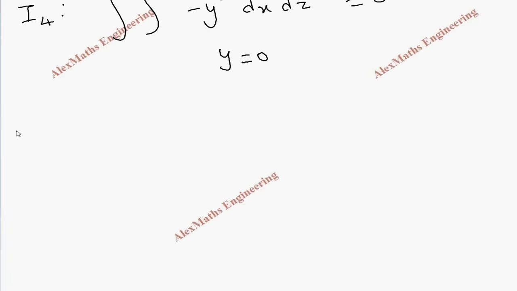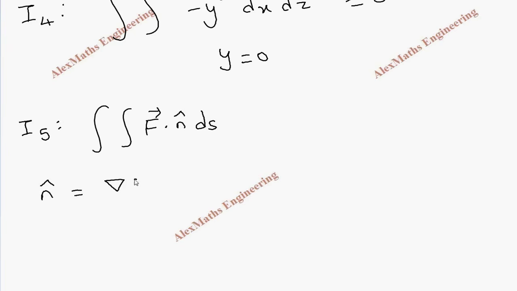So I5, we have double integral f dot n cap ds. Let's find what is n cap, which is del phi by magnitude of del phi, and phi is, from the equation we can take y square plus z square equal to 9.